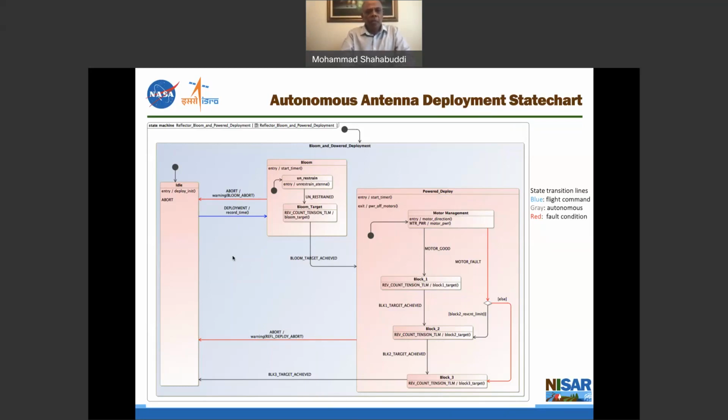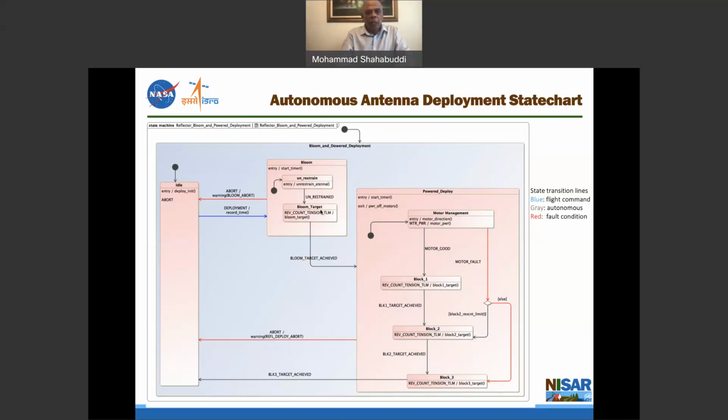It goes into the bloom state, where once it enters this unrestrained state, it is going to fire the pyros and unrestrain the reflector. Once it's unrestrained, it goes into this bloom target state, where it's basically sitting and monitoring the tension.